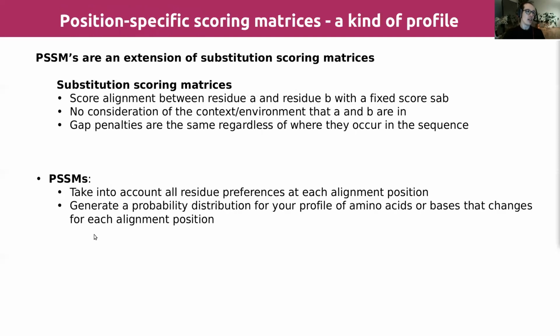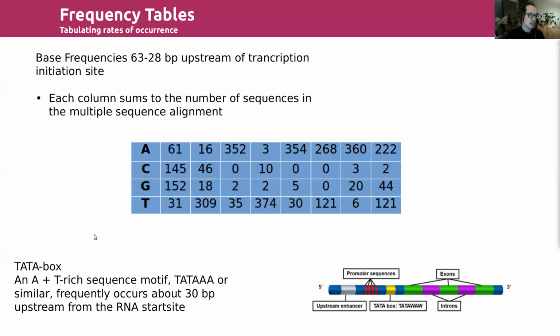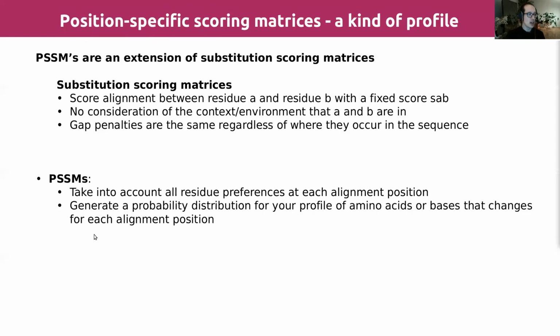Then we have another object, something called the position specific scoring matrix, or PSSM. This is another kind of profile, and you can think of these as an extension of substitution scoring matrices. In these last examples, we're not thinking about substitution at all. We're just observing the frequencies. So it's good to remind ourselves about substitution scoring matrices.